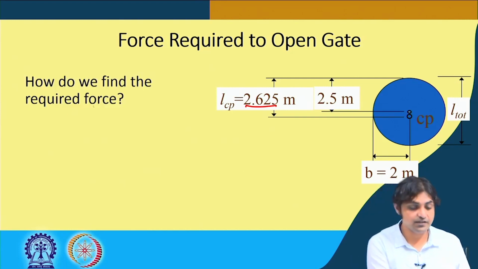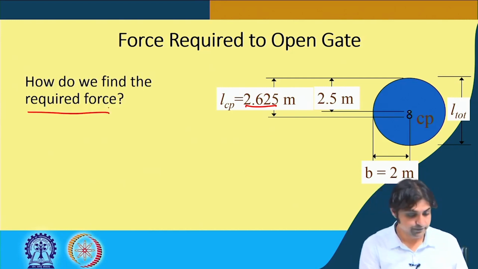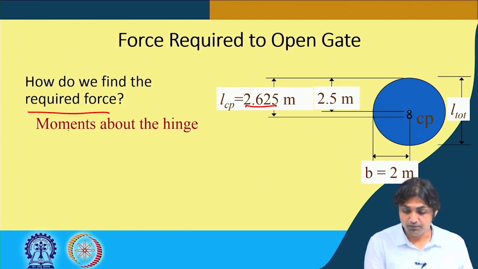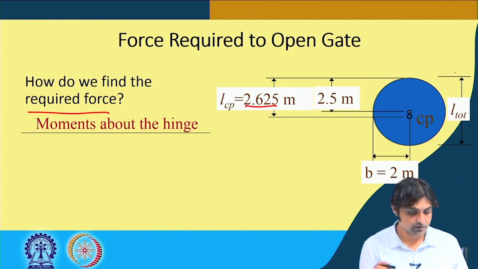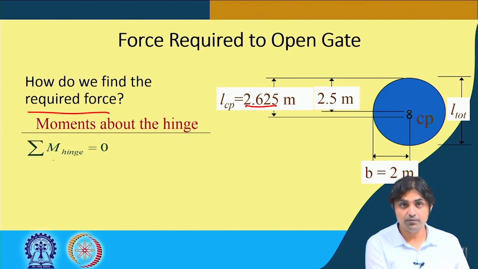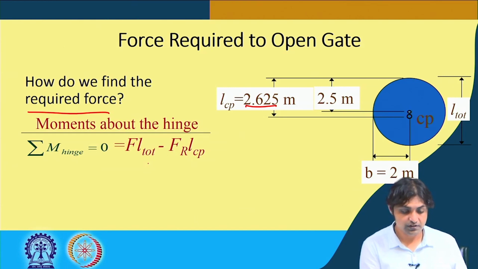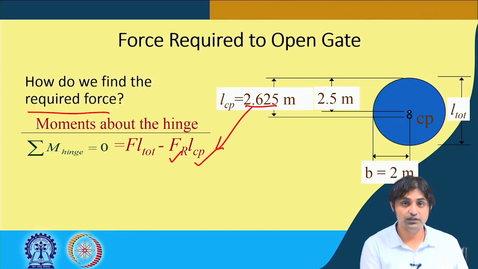So how do we find the required force here? We have to take moments about the hinge. The hinge was here, so the moment about the hinge will be 0, and this means force into total length will be the resultant force into the length of the center of pressure, and the resultant force we already know.